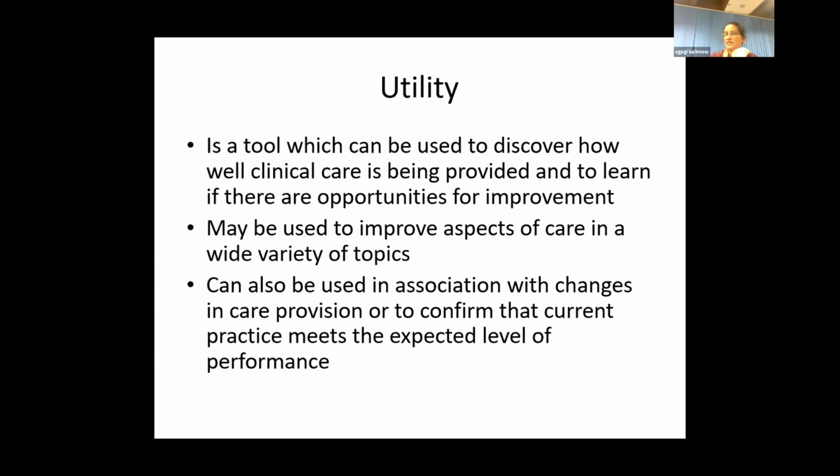So the basic intent is to improve patient care, and this could include a vast variety of aspects of patient care. And then we can implement changes, and then we can again re-audit whether those changes were fruitful or not. But you would be thinking, what is the utility to the hospital?